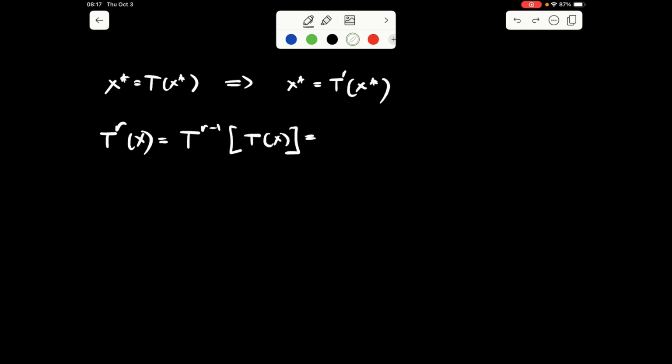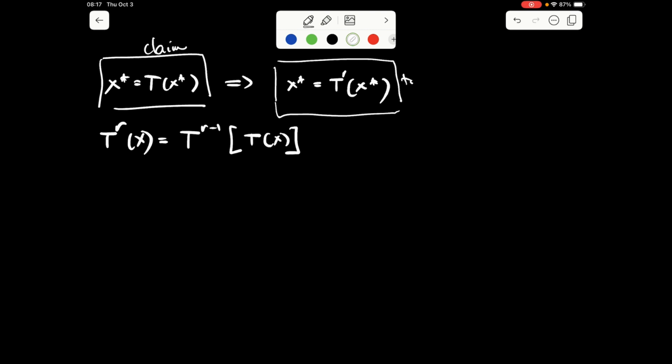So we can decompose the rth power of the operator. So this is the claim, and this is what we want to prove.